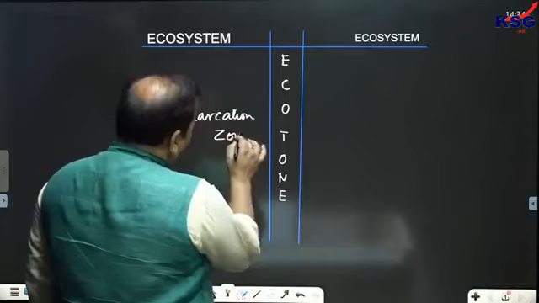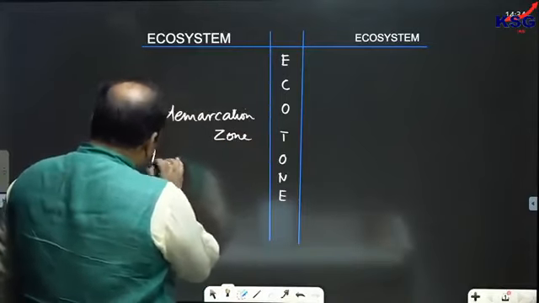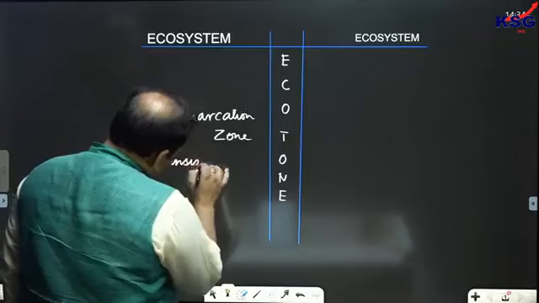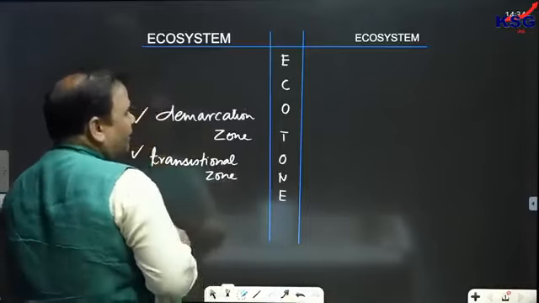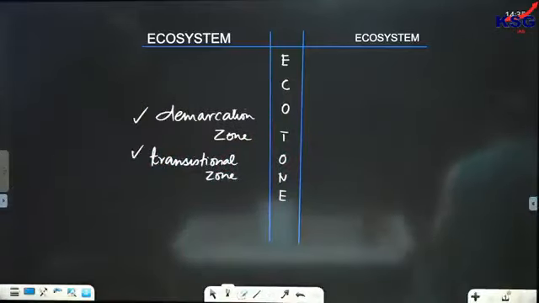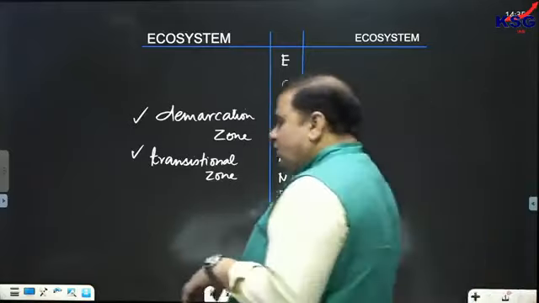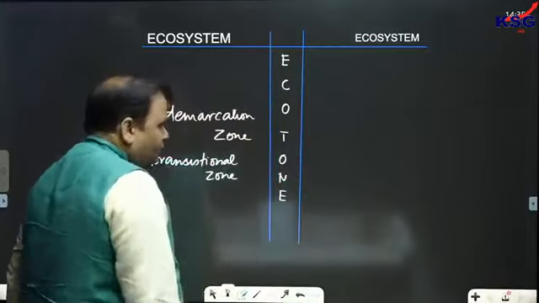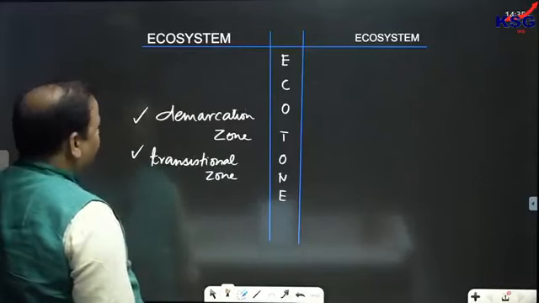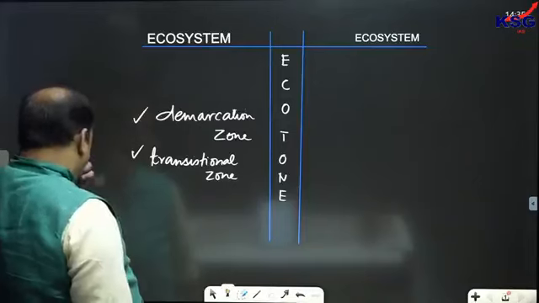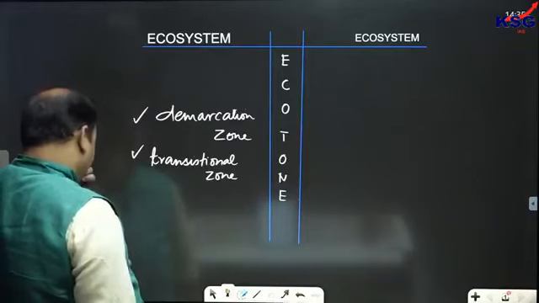It is also called the transitional zone, as the characteristic of one ecosystem would be reducing and that of the other would be enhancing.